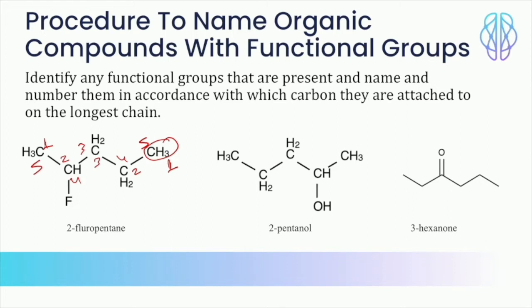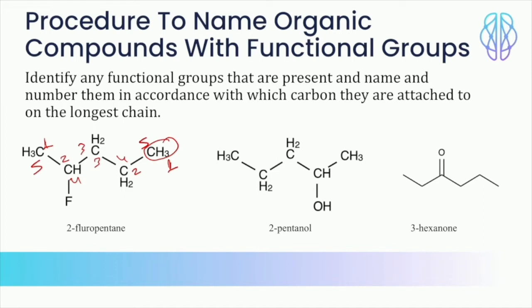So there's no single way that you can number. You can number from 1 to 5 left to right, or 1 to 5 from right to left. You just need to number all of them. However, you need to pick a direction that gives the functional group the lowest possible number.